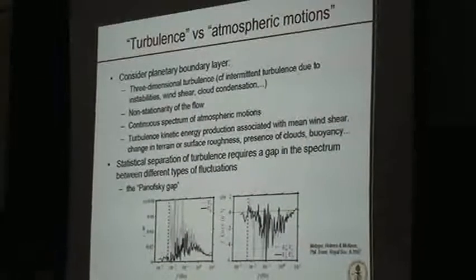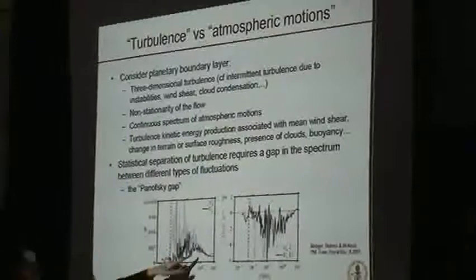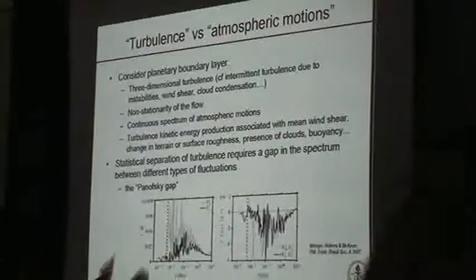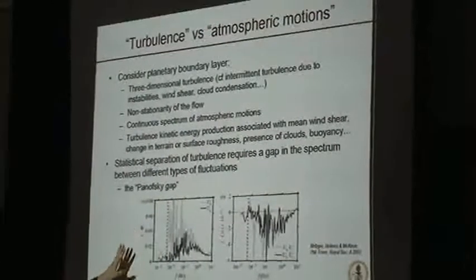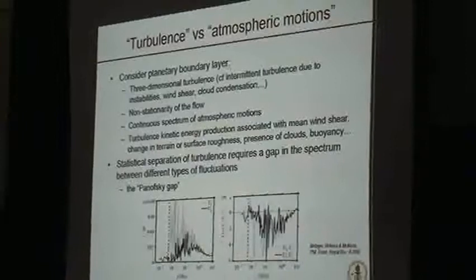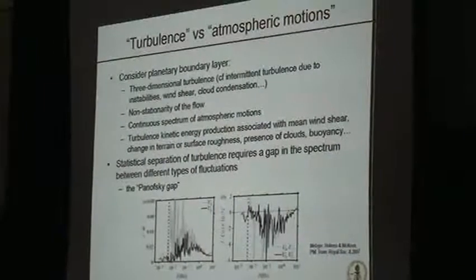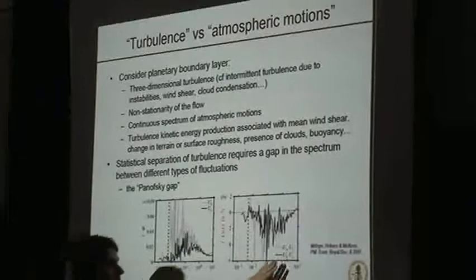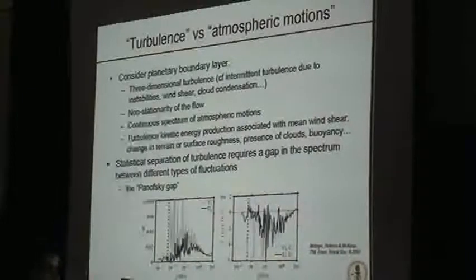I'm showing you a sample here because I'm focusing down here, but you can see that there's essentially a minimum here, and then you start to pick up again beyond that. So if you were to run for a longer sample, you would see something else going on out here. So this is known as the Van der Hoven gap, and is used to separate turbulence from other atmospheric motions. And you can also see it in the covariance of the Reynolds stresses, so covariance of the velocities.